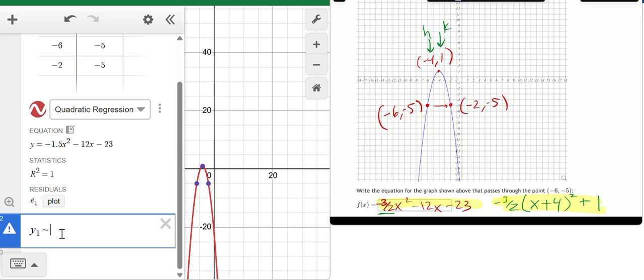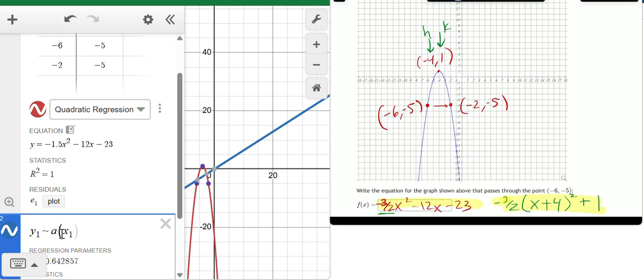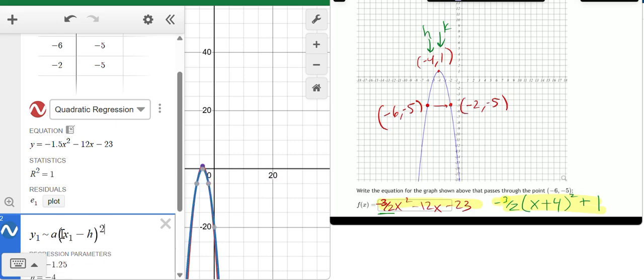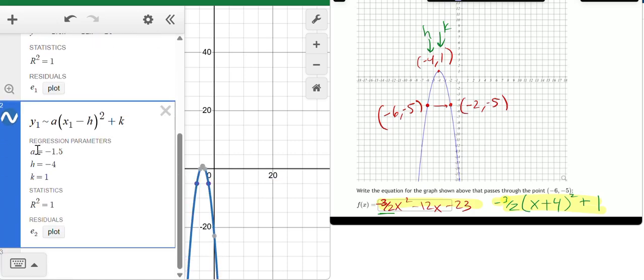And then if you just type in the general form that you want. So we listed this already, right? If you want vertex form, it's a times x, but again, instead of x's and y's, you're using x sub 1. So x1 minus h, quantity squared, plus k. Notice, now it gives me my a value, my h value, and my k value. I have all of those there.